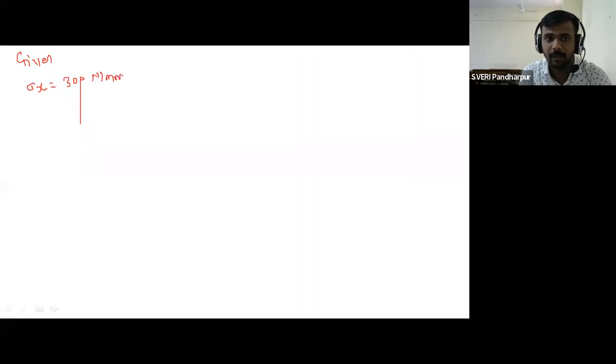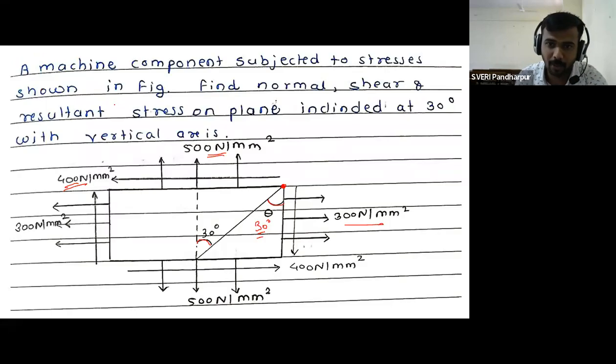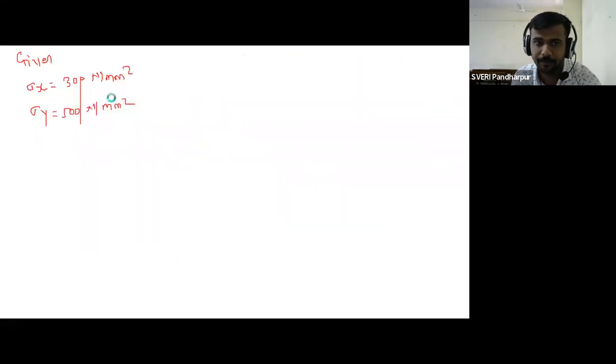So here, first of all, we write down all the given. Sigma x is equal to 300 Newton per mm square. Sigma y is equal to 500 Newton per mm square. We have to note whether both are tensile or compressive. Both are tensile.